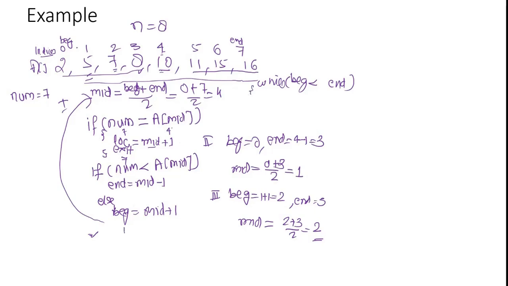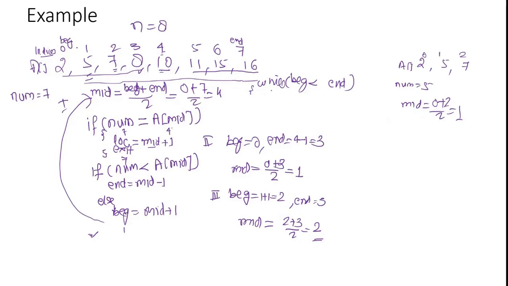So take another example. Suppose we have 2, 5, 7. Now we have to compare the number. This is the list, a new array, with indices 0, 1, 2. Now we want to find 5. Suppose number is 5. First we will calculate mid. So mid is equal to 0 plus 2 by 2, which is equal to 1. So mid is 1.